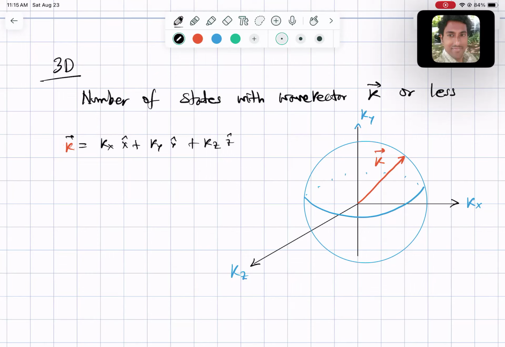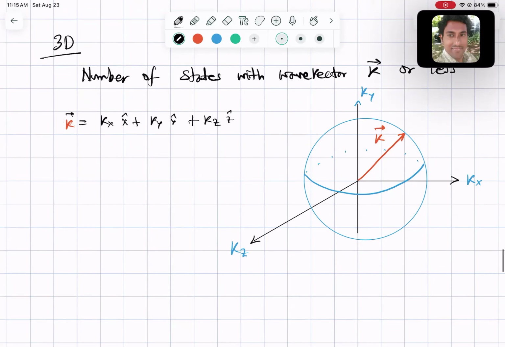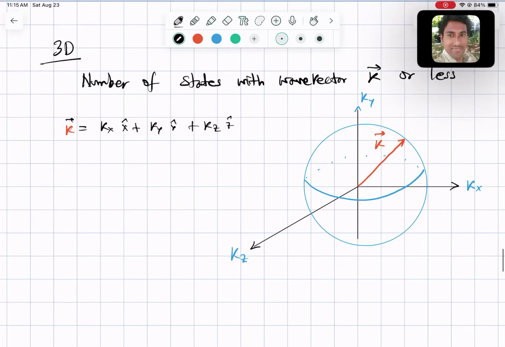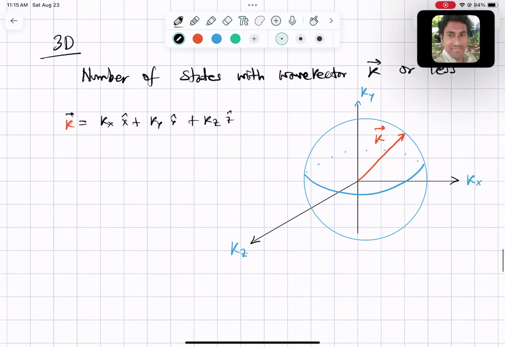Let's not go into why this is a 2-sphere. Simply, any vector that's inside this sphere. Does it make sense? That's what I mean by the first sentence, number of states with a wave vector k or less. Okay, so n of k, number of states, will be, what's the volume of the sphere? 4 over 3 pi r cubed, right?